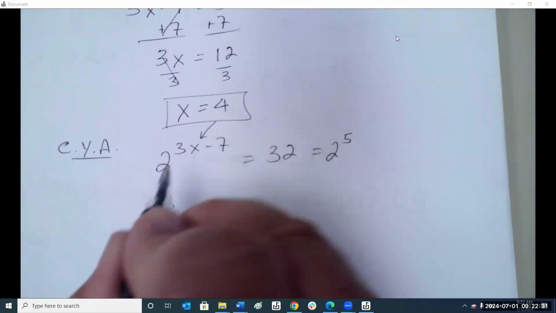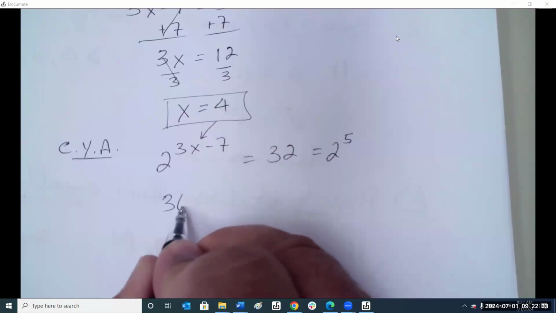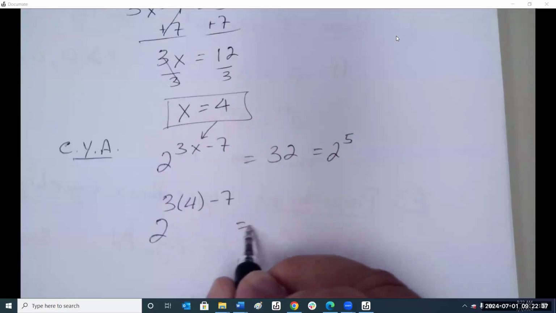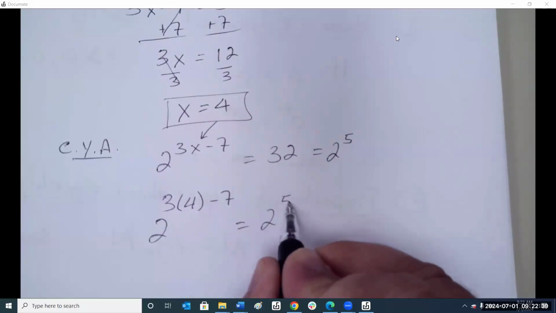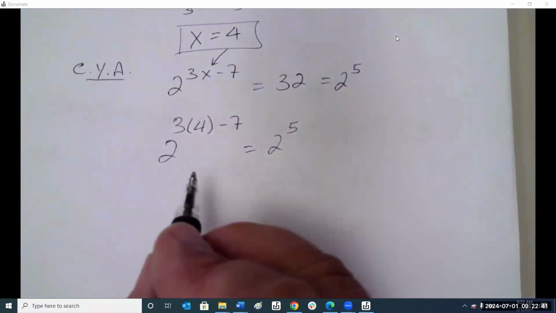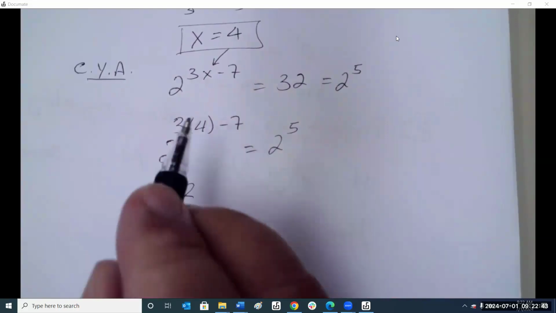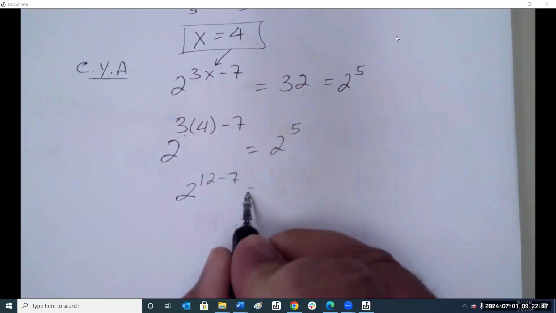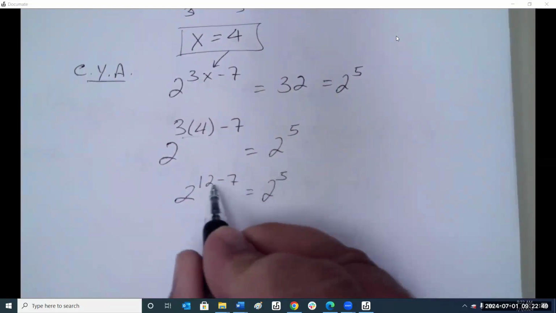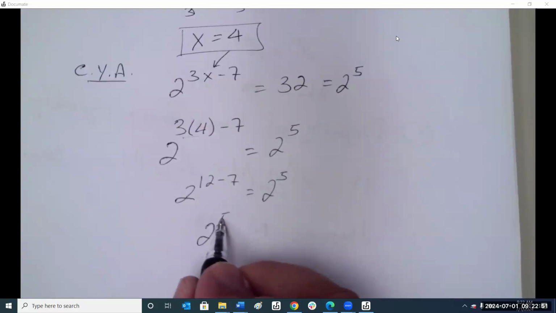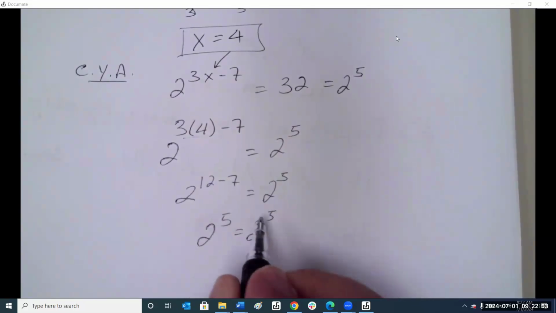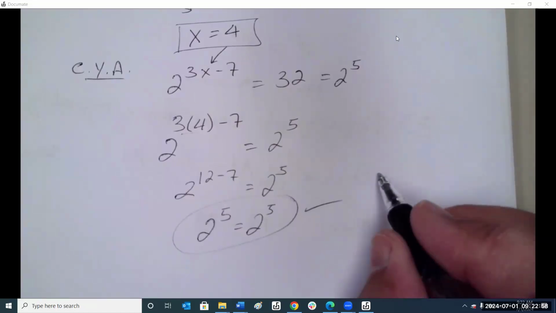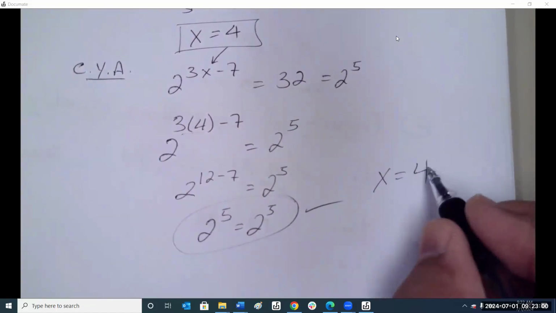We're saying that x is 4. 3 times 4 minus 7: 3 times 4 is 12, 12 minus 7 is 5. So it works. So x equals 4 is our solution.